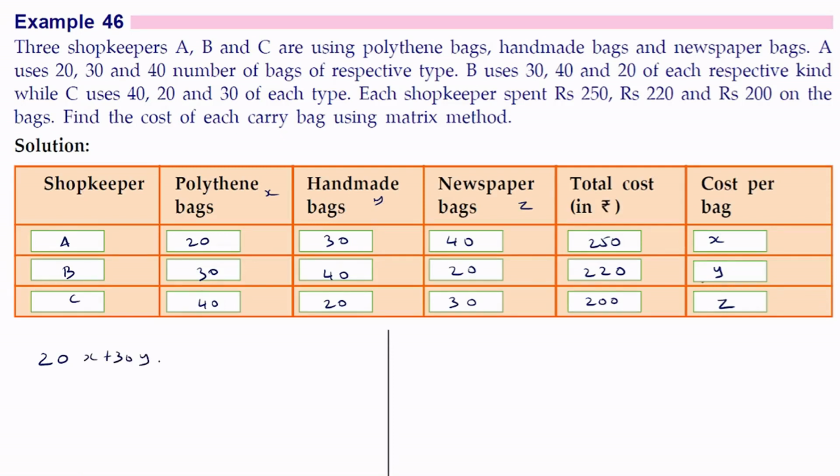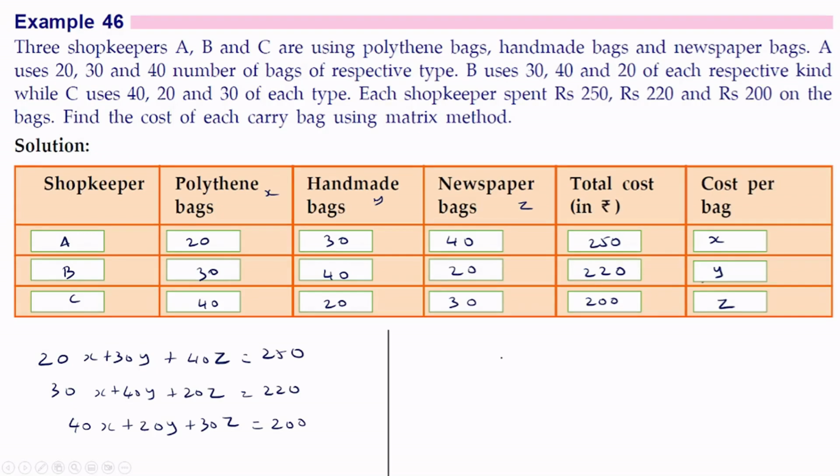20x plus 30y plus 40z equal to 250. Then 30x plus 40y plus 20z equal to 220. And next we have 40x plus 20y plus 30z equal to 200. So we have to solve these three equations in x, y and z.